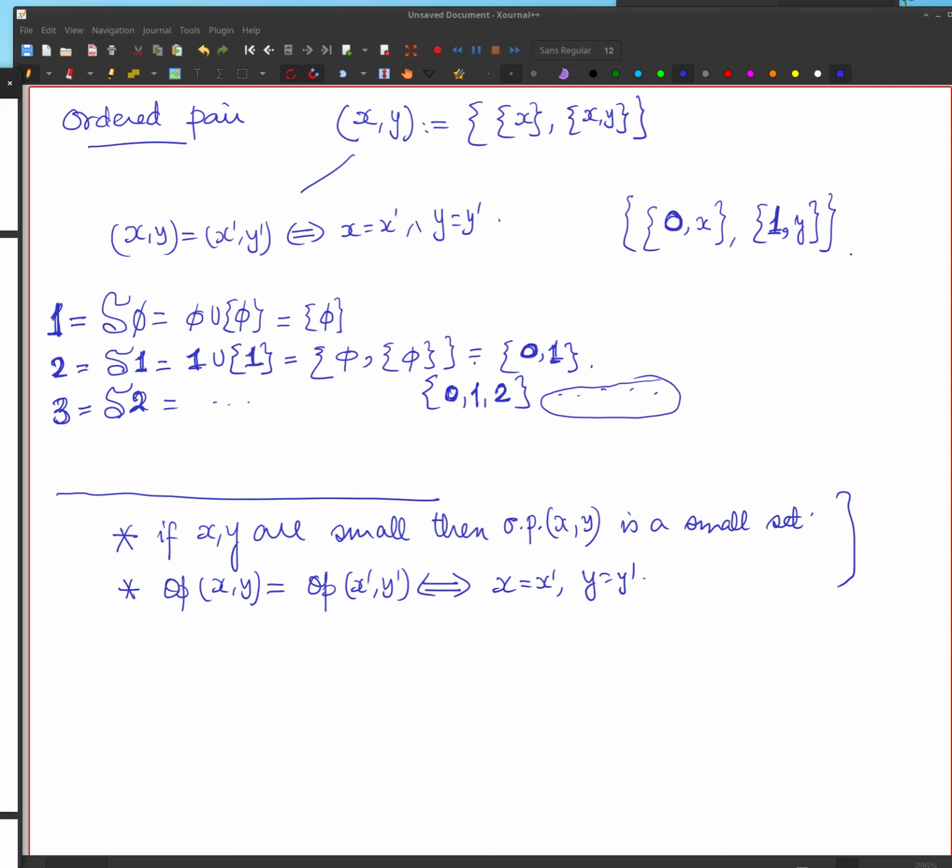You have two sets A and B, right? Your axiom of extensionality and set building tells you that A and B are equal if and only if whatever they contain is the same.